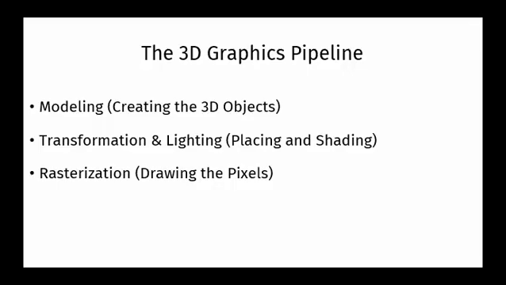So we can remember the process as first the model, next position and light, the third one is the pixels, and the last is the final output or the final image. So in simple terms, we create the object, arrange and light it, then the computer draws it on the screen.